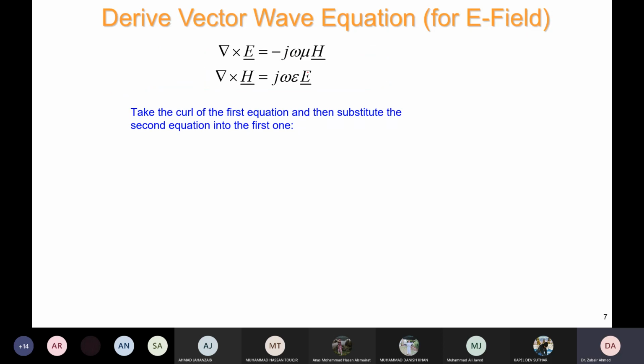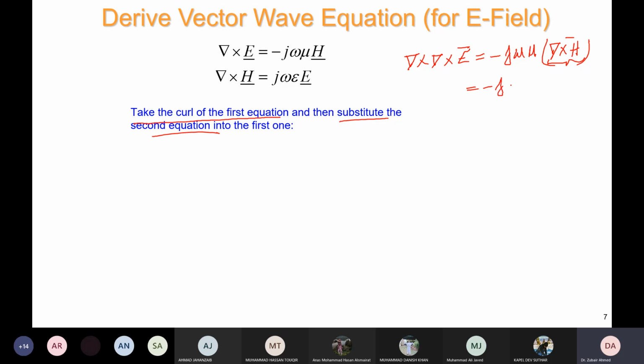So if I take the curl of the first equation, the curl of E will become minus j omega mu times curl of H. Then for curl of H, I am substituting the second equation back in this equation.